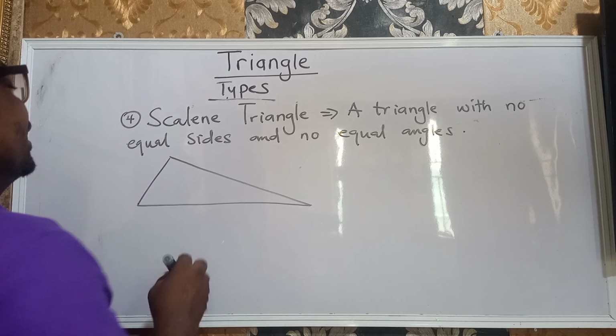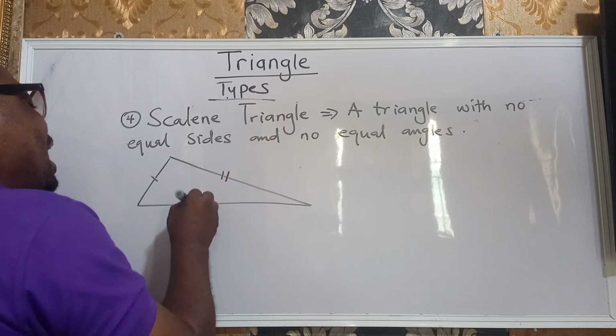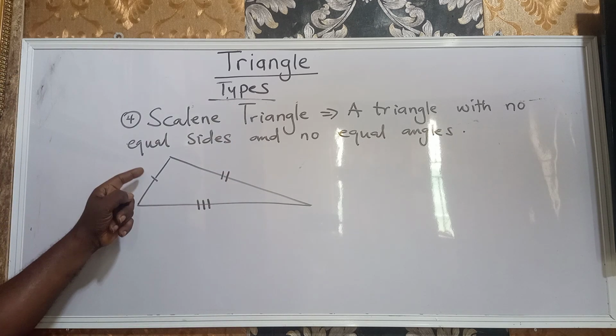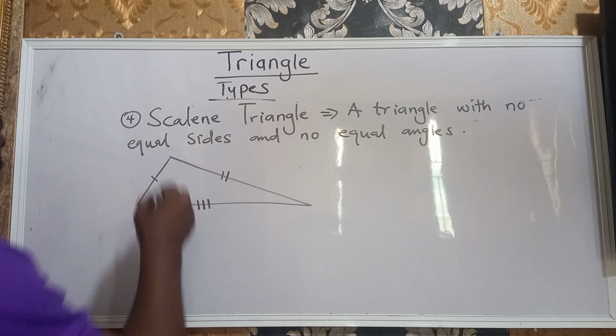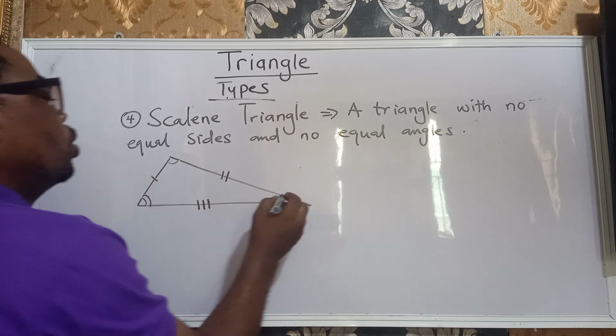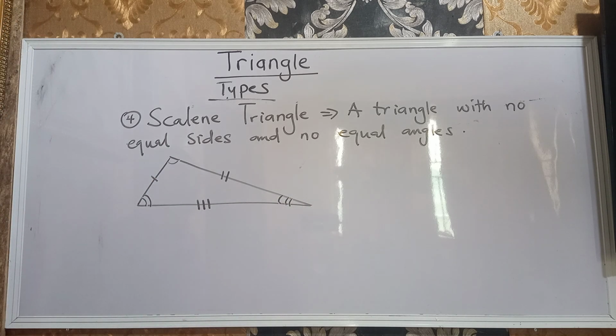You can say this one is not the same thing as this one, and they are actually different from this one. You can see this one has 1 stroke, 2 strokes, and 3 to show you that the sides are not equal. Look at this angle here, 1. This one here, 2. This one here, 3. It shows that the angles too are not equal.